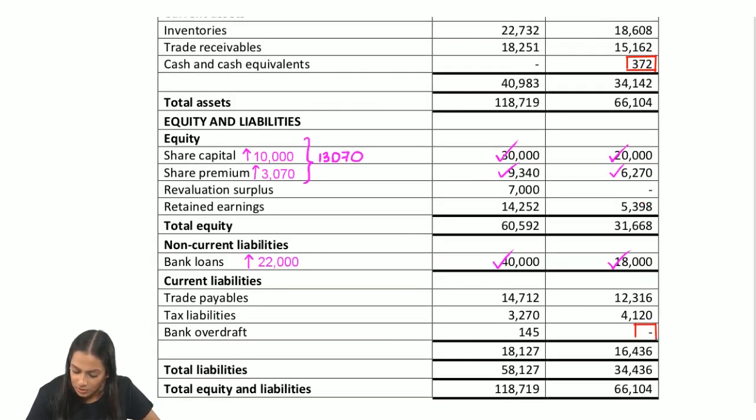Now we see if there are any overdraft balances. There are $0 of overdraft. If there was an overdraft balance, we would net off any positive figures to any negative figures. For the cash and cash equivalents at the end of the year, we have a 0 positive bank balance, but we do have an overdraft balance of 145. So we will need to enter these in the relevant boxes.